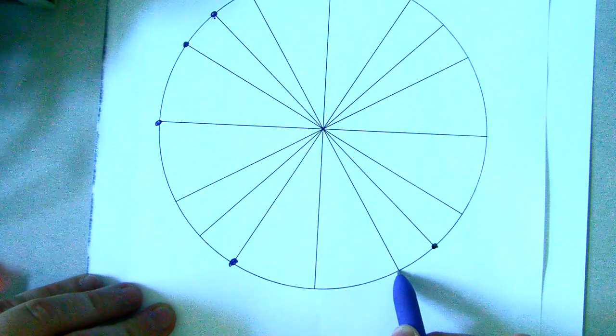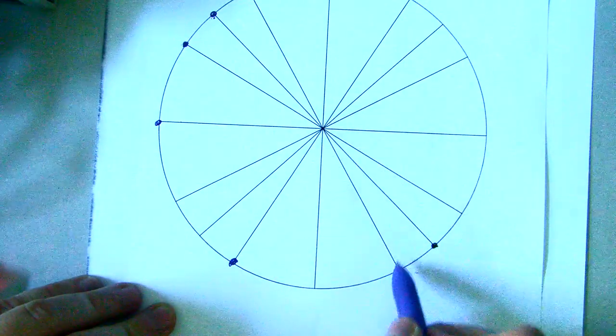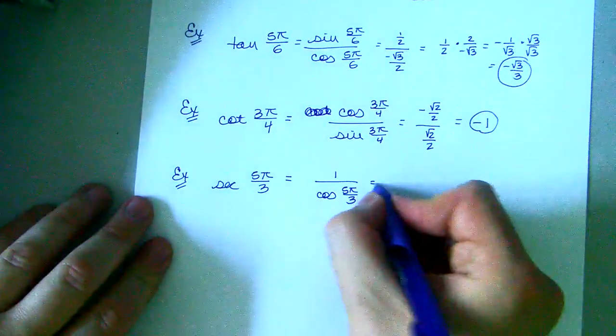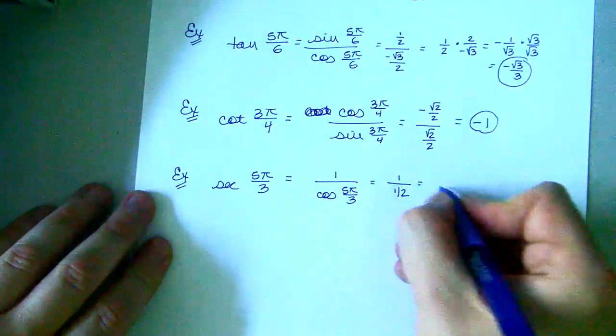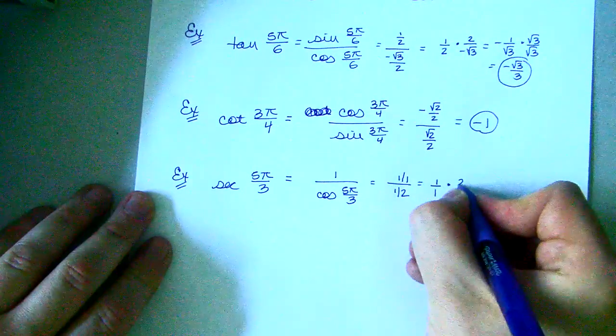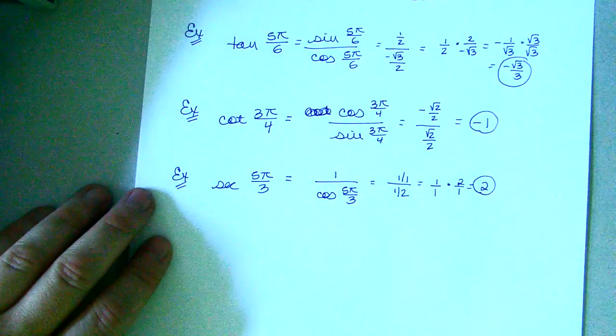Cosine of this angle is the x-coordinate. I'm moving to the right, the shortest amount that's not 0, so I think my cosine is going to be 1/2. I'm getting 1 over 1/2, or 1 over 1 times the reciprocal, times 2 over 1. The secant of 5π/3 is 2.